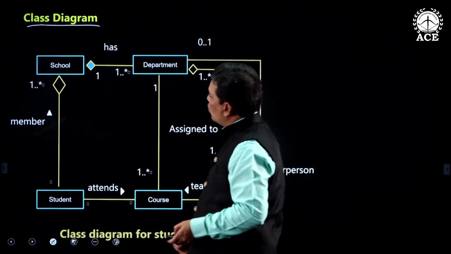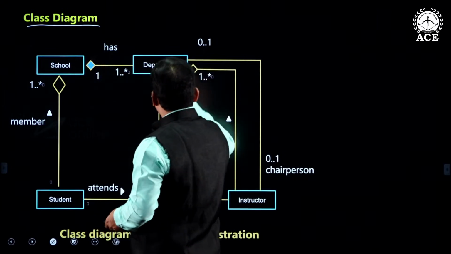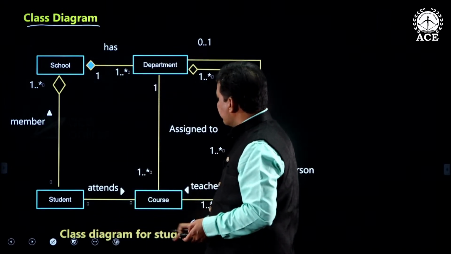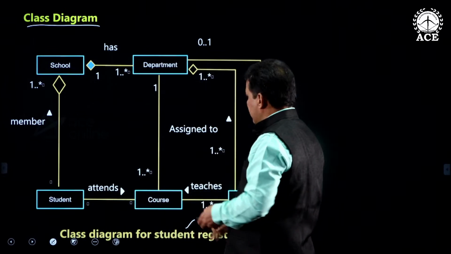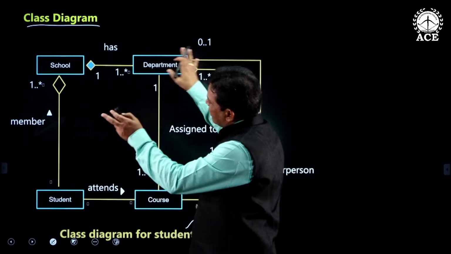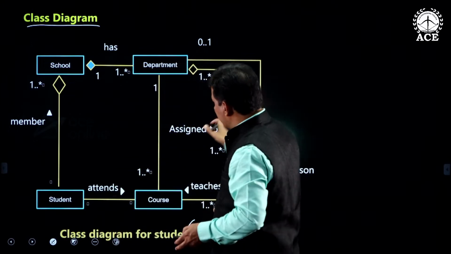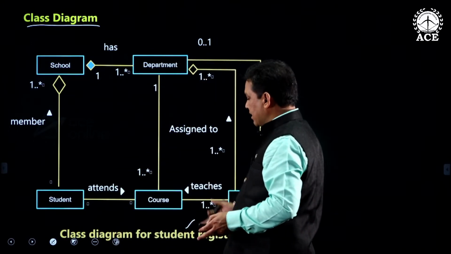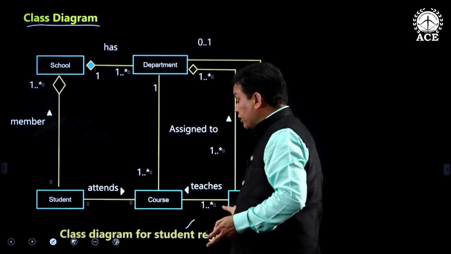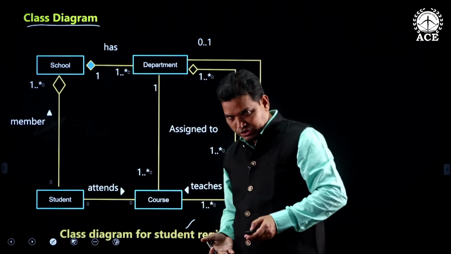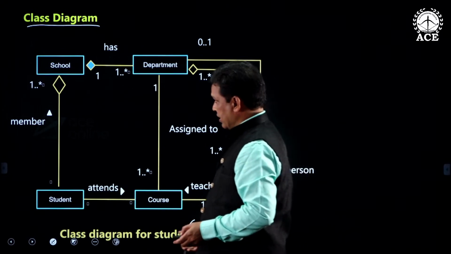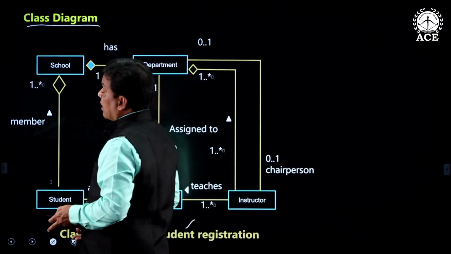School is one class, department is one more class, student is another class, course another, and instructor another. These are the classes. How do we establish relationships among these classes? This particular class diagram is used for modeling the student registration system. The students are supposed to register for the course. That is the purpose. Let's see here which one is the large or complete class.